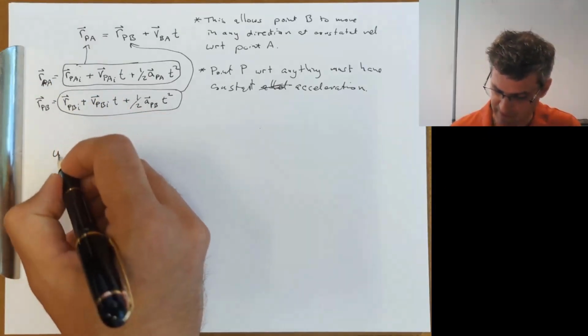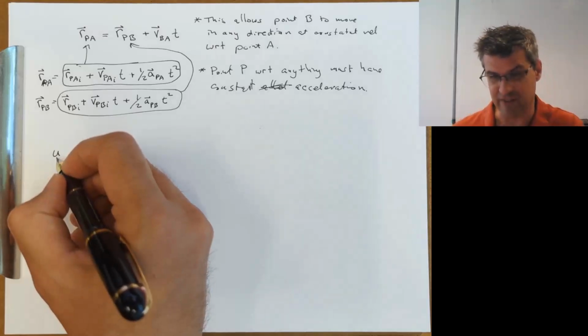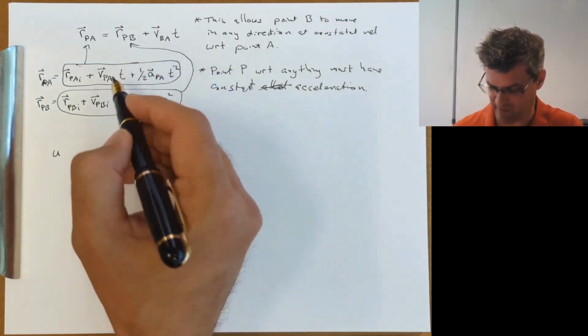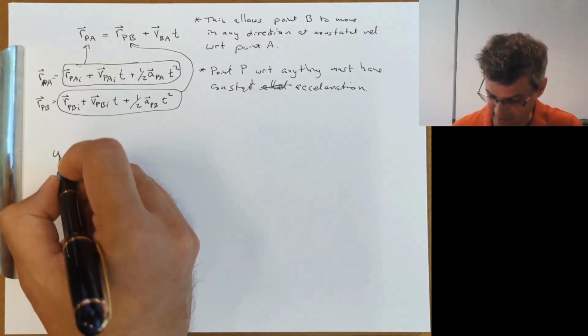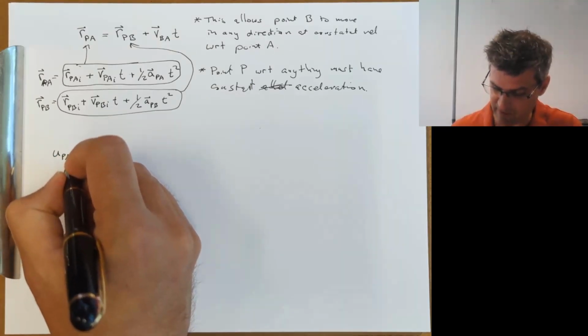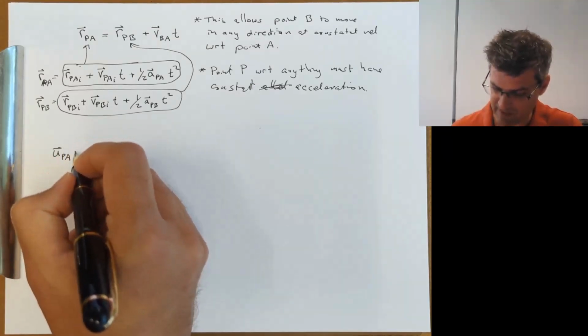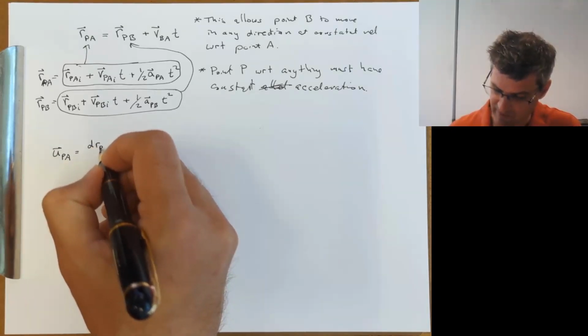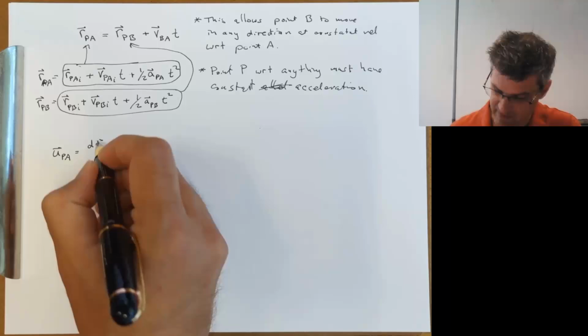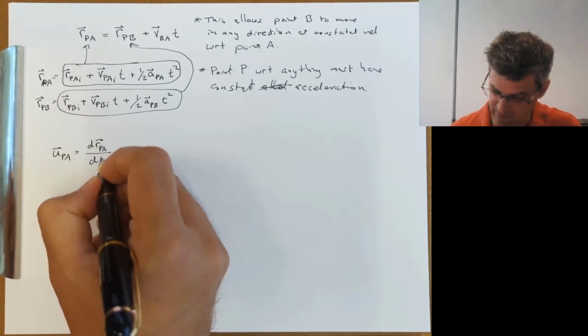I'm going to call these velocities u instead of v because we've already used the v variable in a couple of different places. I'm going to say that the velocity of point P with respect to A is going to be the derivative of RPA with respect to time.